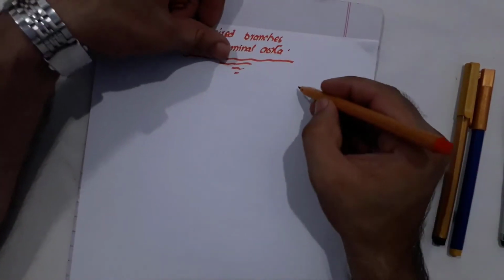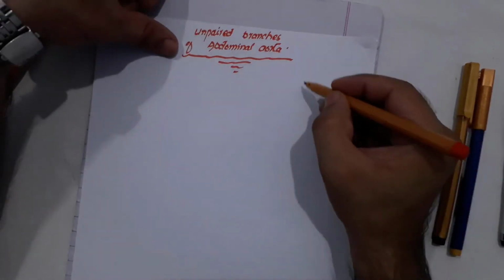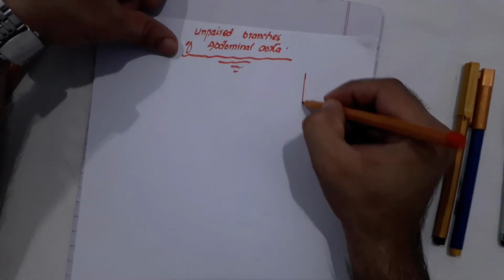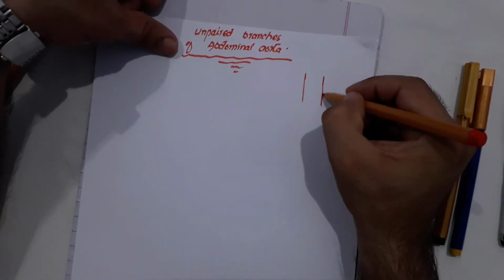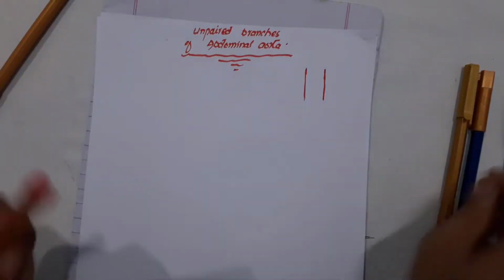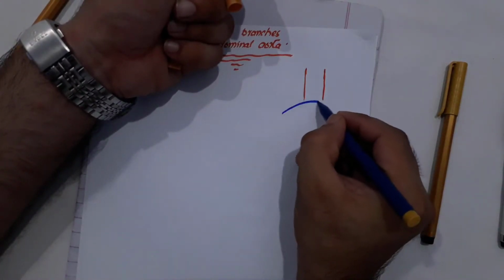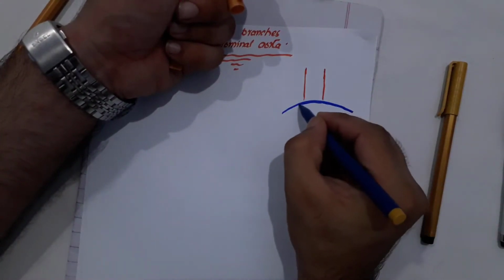Let me first draw the abdominal aorta here so that we will see those unpaired branches which arise from this abdominal aorta. This is our thoracic aorta, for example, and here is our diaphragm.